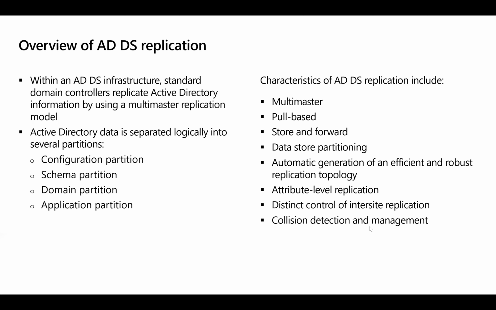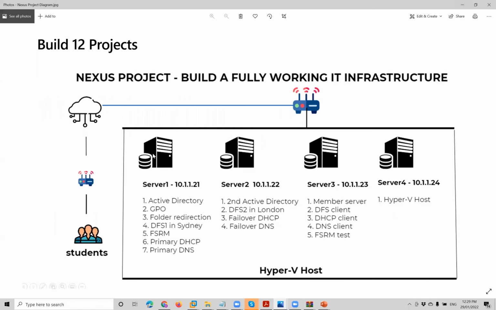And there's collision detection and management. Let's say, for example, you created the user Andrea Brillantes, and at the same time, another Andrea Brillantes. Then within a few minutes, they will do replication. Since both have the same name but different security IDs, they will check the collision. Why do they have the same attribute? Okay, why do they have the same name?